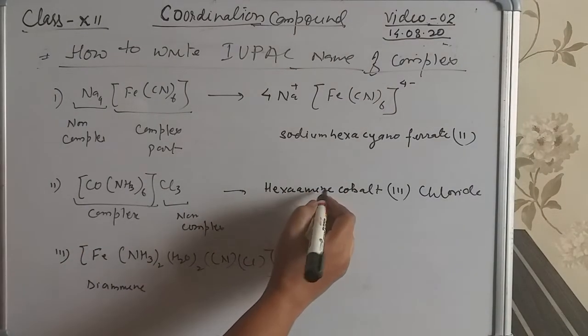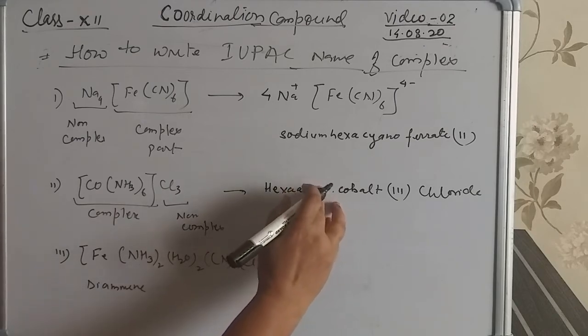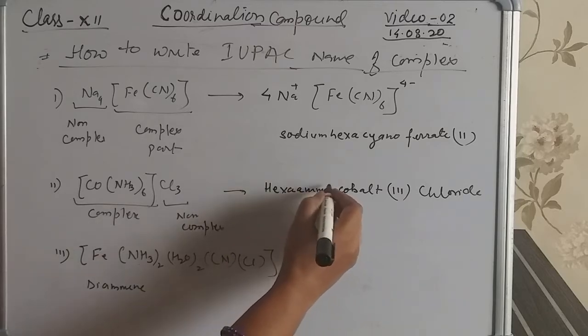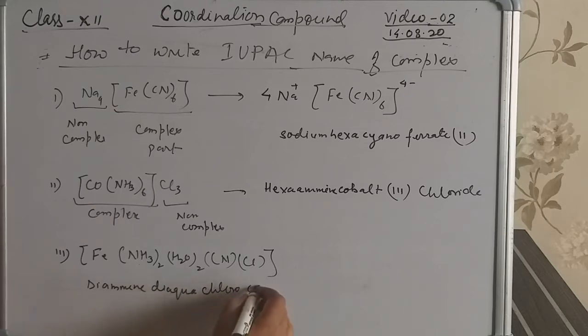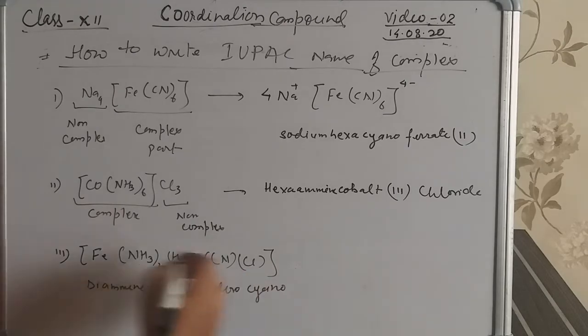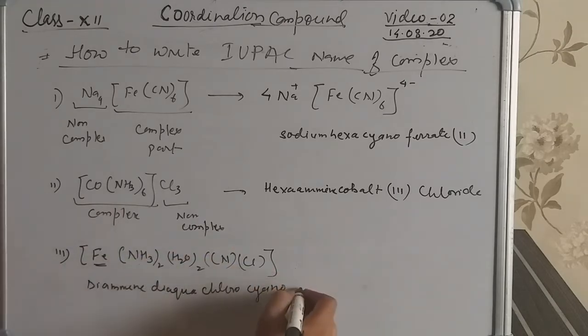diammine, then diaqua, then chloro, then cyano, then the central metal atom is ferrate, iron, and the oxidation number.